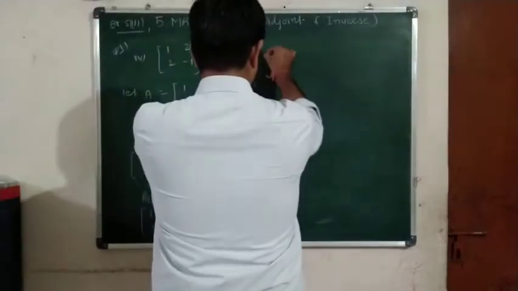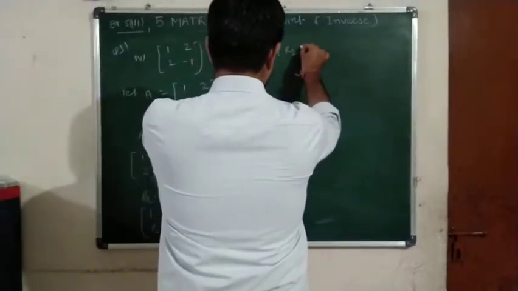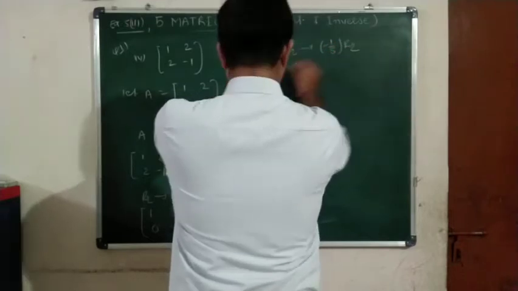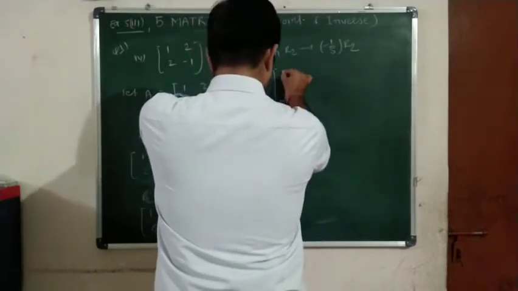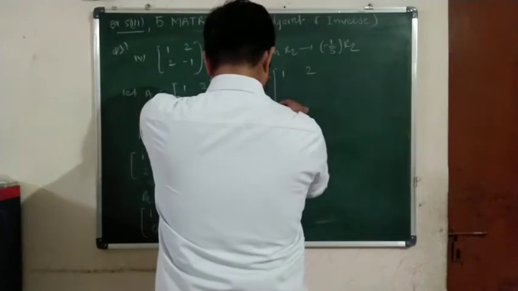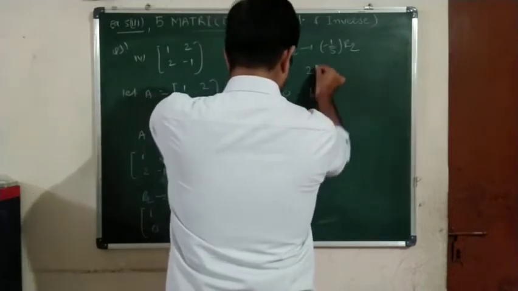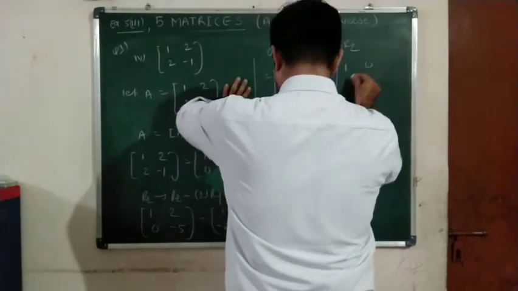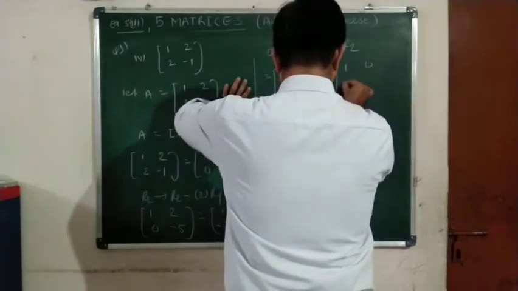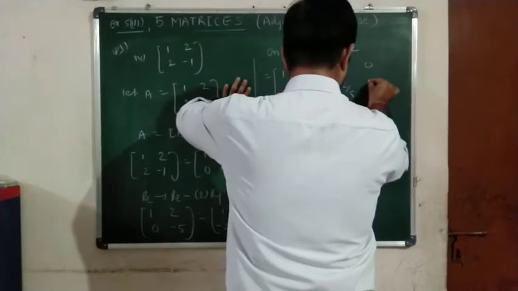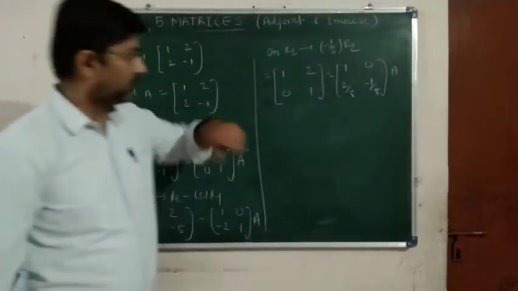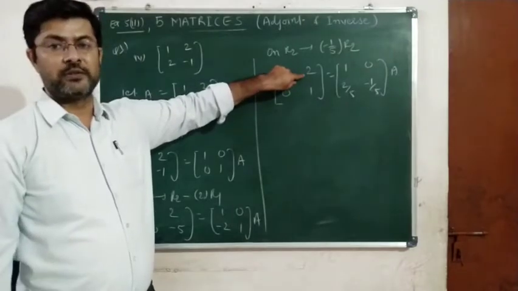So we carry out R2 into -1/5. The first row stays as it is, and in the second row we get 0, 1. On the right side the first row is as it is, and the second row will be 2/5 and -1/5. Now finally we need to bring 0 here.